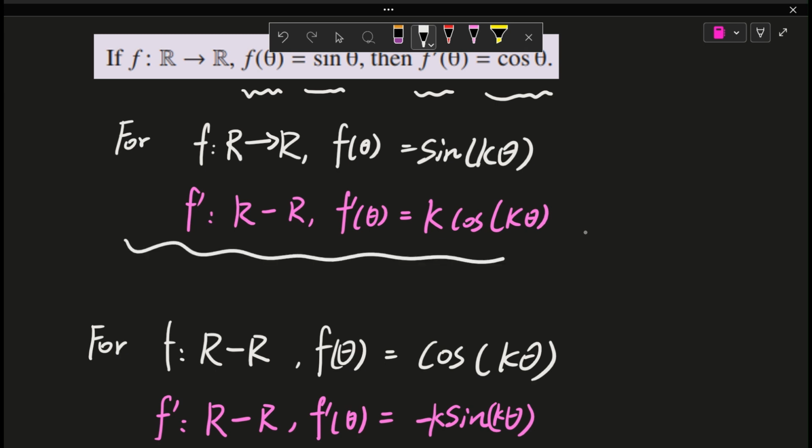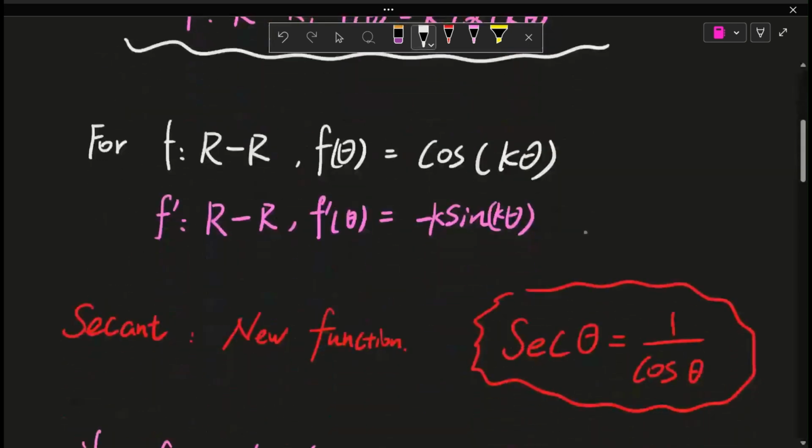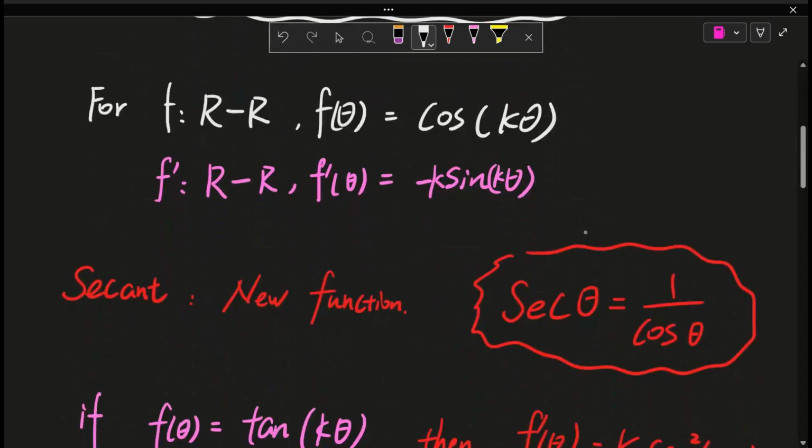So those are the two rules for this time. And the opposite way, if you have cosine k theta, the derivative will be negative k sine k theta. So make sure there's a negative in front.